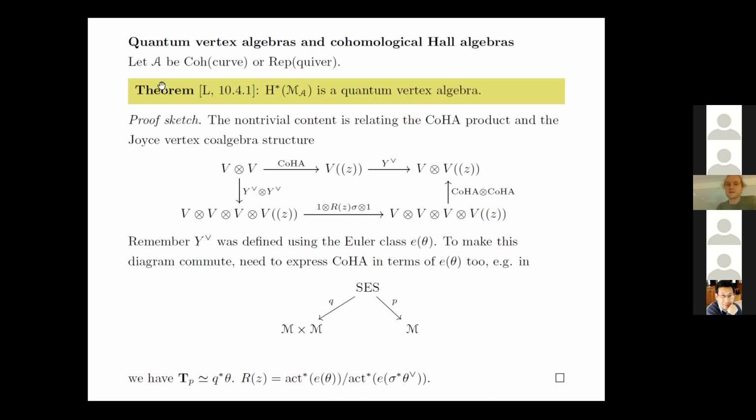So for instance, if A is 2 Calabi-Yau, or if the quiver is symmetric, this thing is just 1. And then this vertex algebra is actually a vertex algebra rather than a non-commutative vertex algebra. All right. Are there any questions?